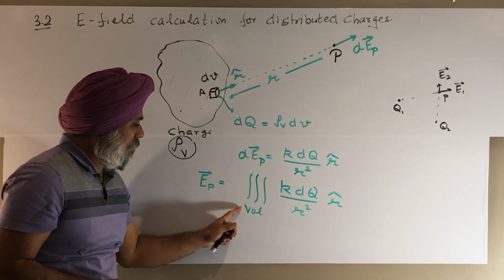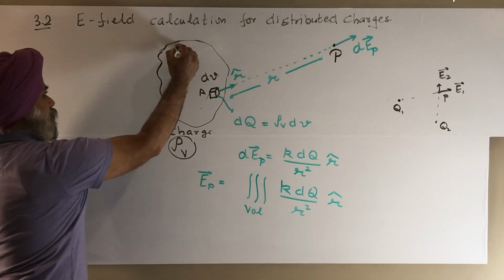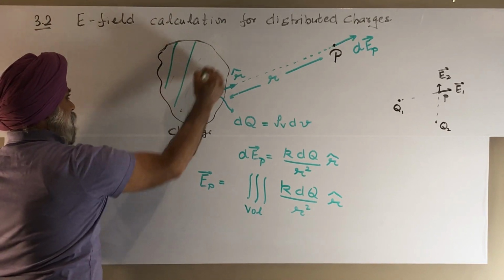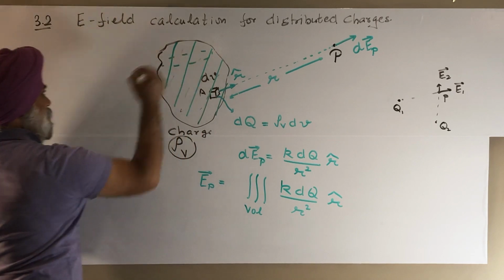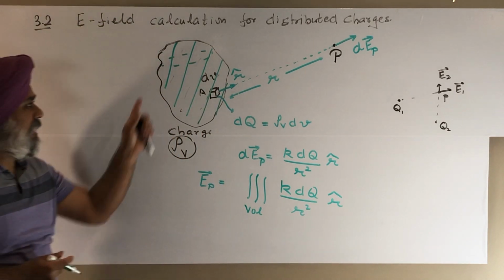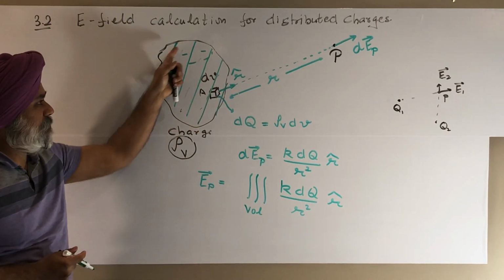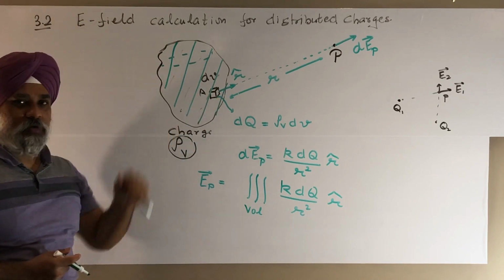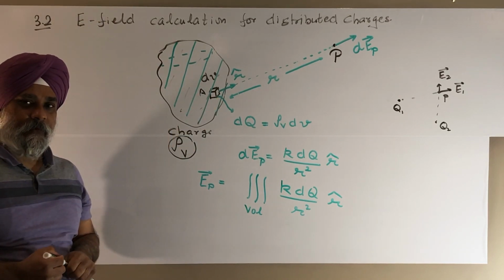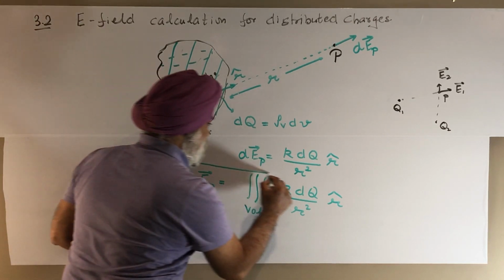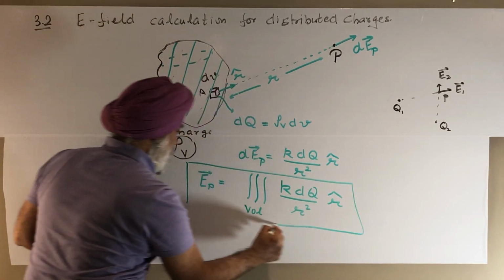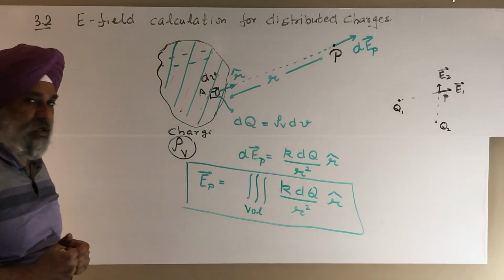What is this volume going to be? This volume is going to be the volume over which this charge is present. I have to go and set up an integral over this term. This is how we can calculate electric field for distributed charges.